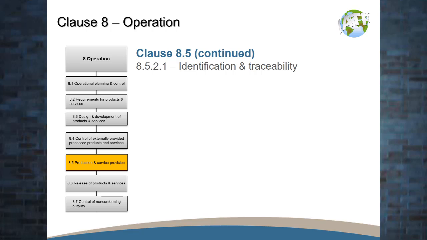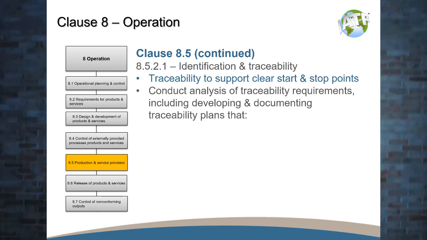8.5 continues with a significant change in 8.5.2.1, which is identification and traceability. So traceability to support clear start and stop points, so you can again quarantine and know when a certain batch has started and stopped. You conduct analysis of traceability requirements, including developing and documenting traceability plans. So there's this use of this terminology, traceability plans, that comes up here.